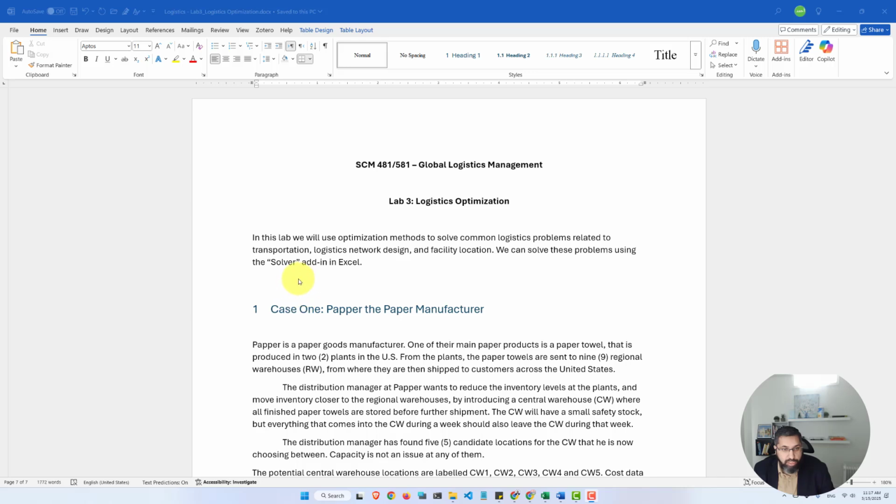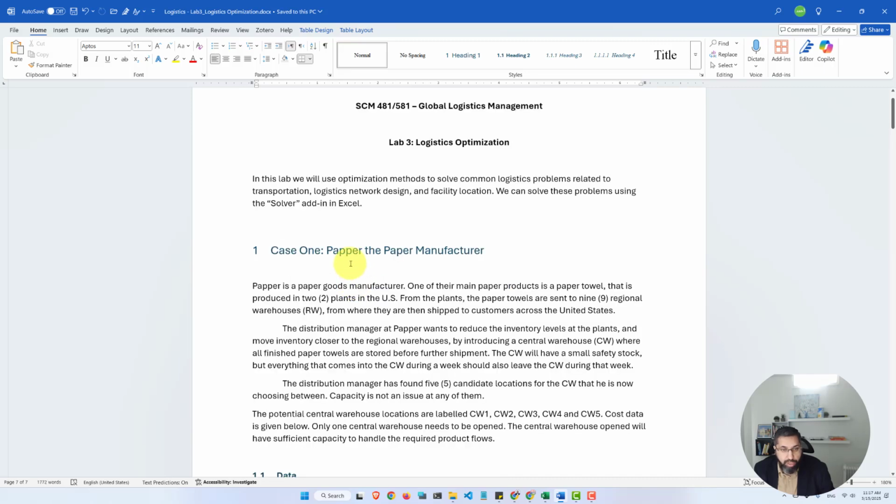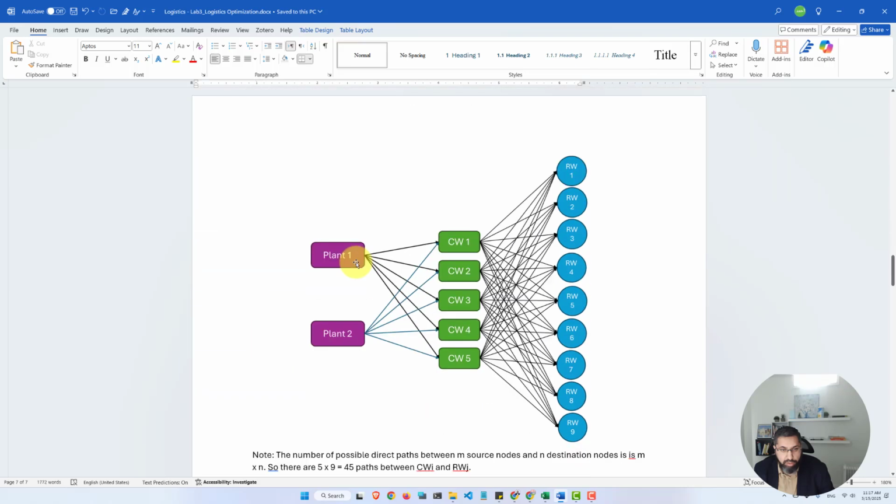So the first case we're going to discuss today is about Papr, the paper manufacturer. And the supply chain of Papr currently looks something like this, where you have two manufacturing plants. They don't have a central warehouse, so the green layer is missing.